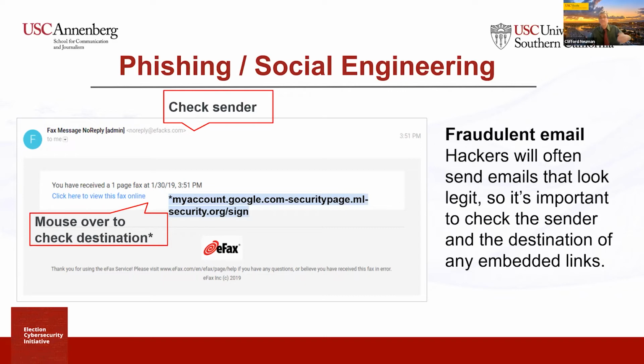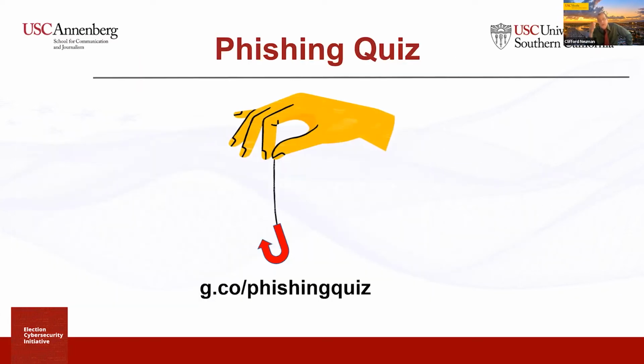We also tell you to look at the from address, but that is easily spoofed in email in many ways. So basically understand that hackers often look to send emails that look legitimate. So it's important to check the sender and destination of any embedded links, but don't believe that you're going to do this successfully. If you want to see just how hard it is, go to this site here. It's a phishing quiz.